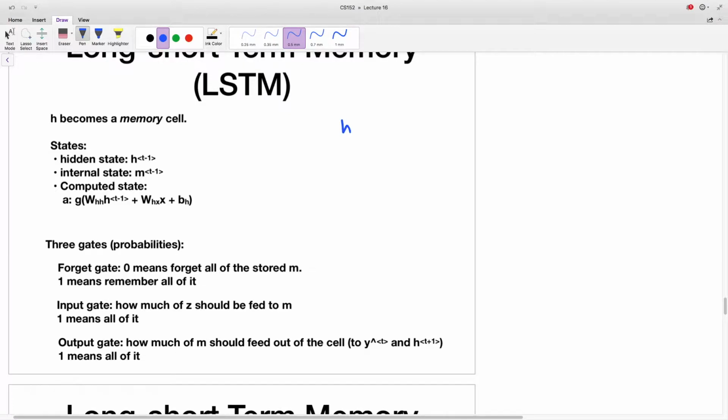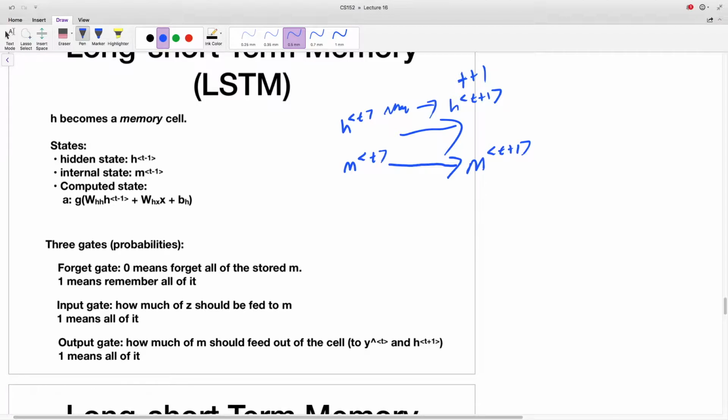Let's say we have our h at t, which contains some values, and we have our memory cell m at t. When we go on to time t plus 1, we have lots of computation to compute h at t plus 1. But for m at t, there is a path where it can go directly across to m at t plus 1.